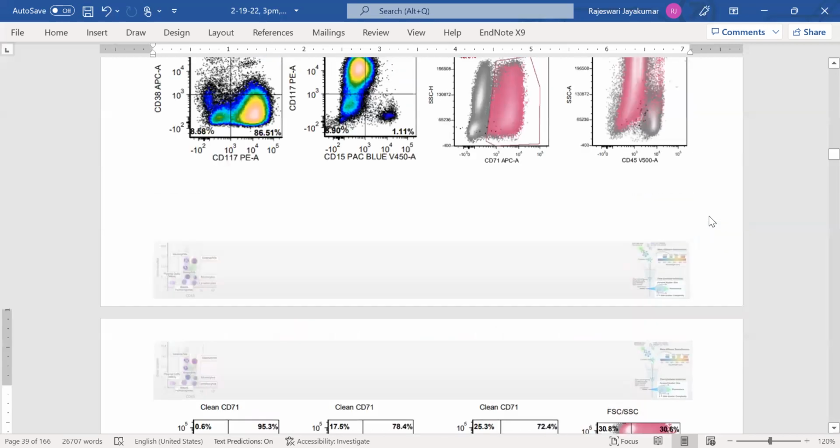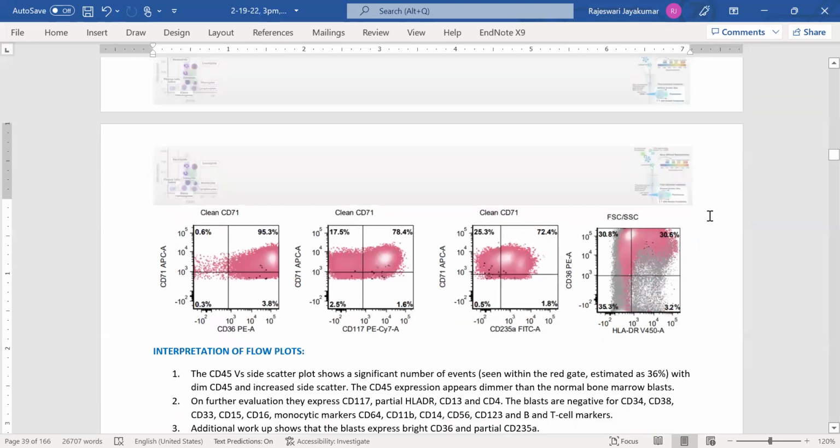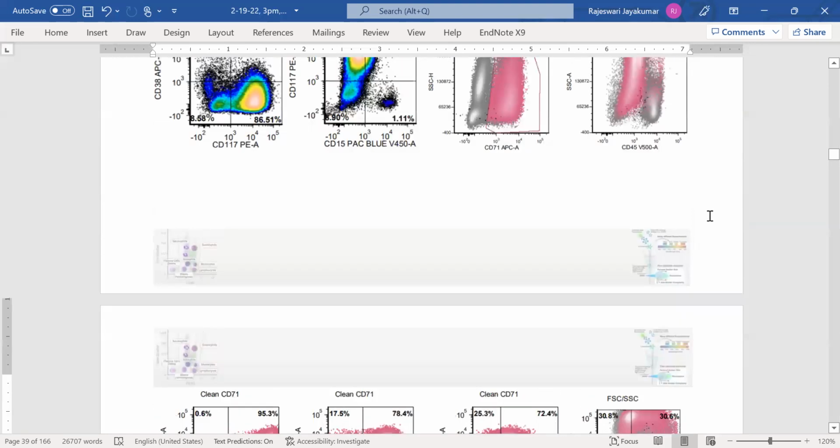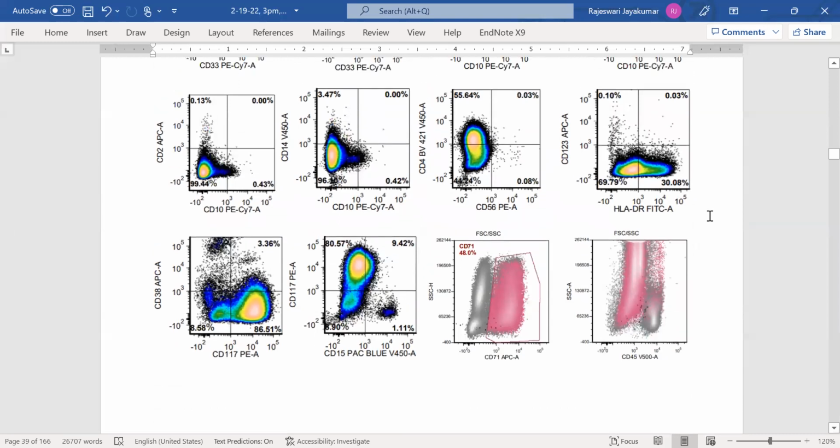CD71, 36, 235, 117, all the erythroid markers are positive here. HLA-DR and CD34 are often negative in erythroid leukemias or erythroblasts. However, here we have a partial HLA-DR expression, which is helpful.